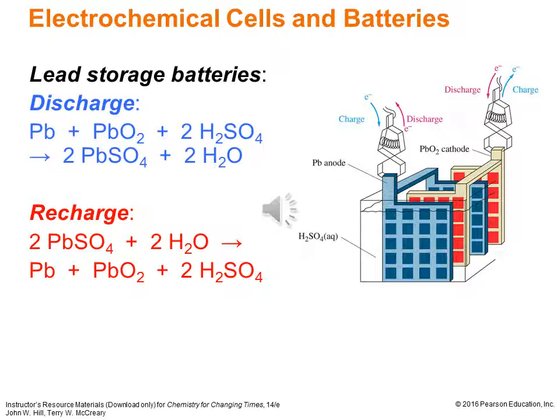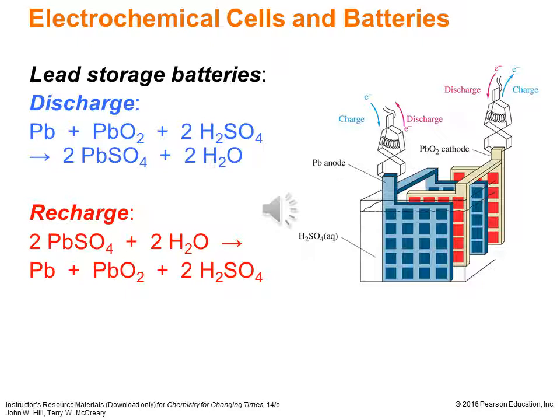And so we certainly want to dispose of them correctly so they can have their materials reclaimed, but it's much better if we can get several hundred or thousand cycles out of our battery before that's necessary. Lead acid batteries, or lead storage batteries as they're often called, provide an example of rechargeable batteries.